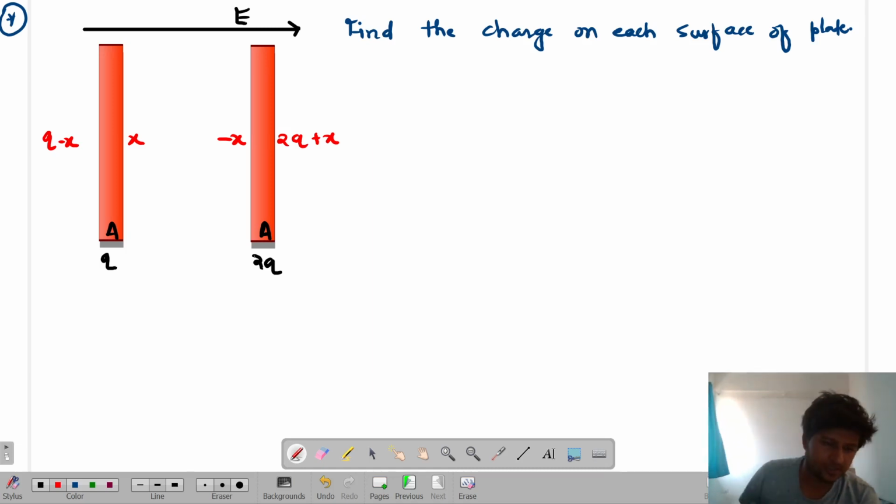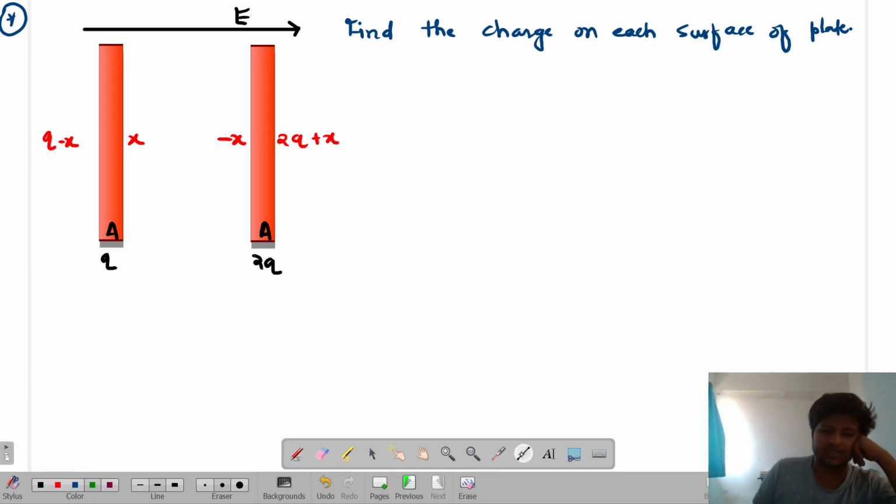So what we need to do for these kinds of questions is this: if you want to do any such problem, you try to find the electric field at any region of the space over here. What you need to find?